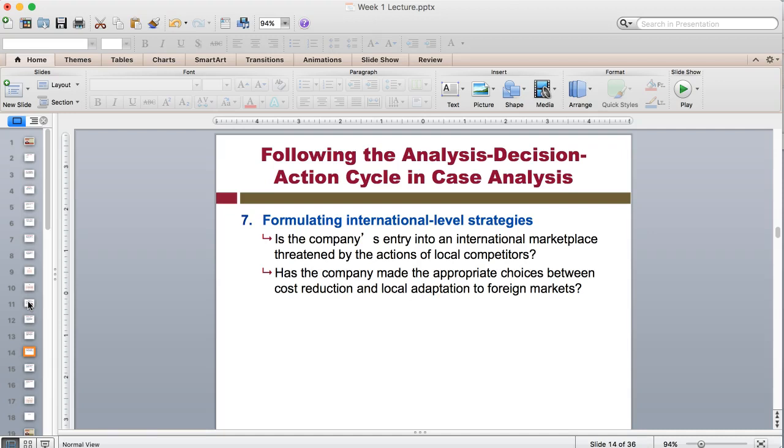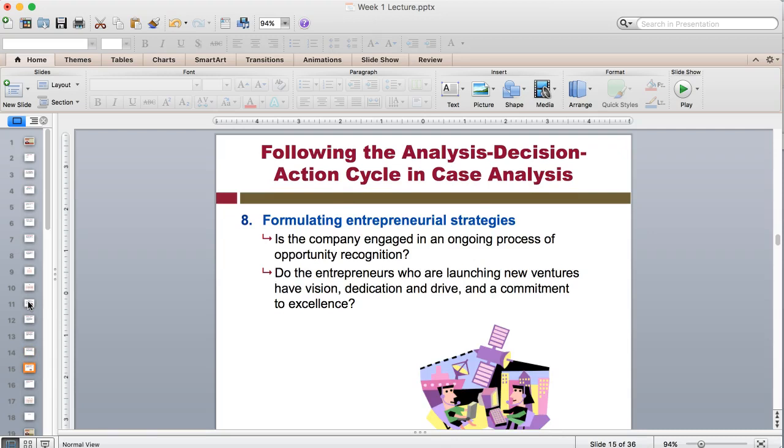Likewise, what's our international strategy? How do we get into the international market? Should we be doing more? Should we be doing more in particular countries? This will again come out of that analysis that we've done at the beginning of the class. And then entrepreneurial strategies, this has to do with creating new ventures and new products, but doing it internally.